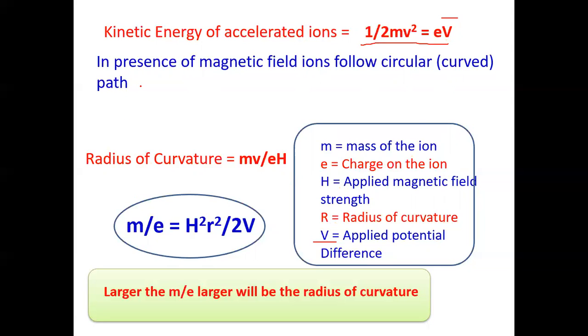Now, in the presence of a magnetic field, as I just told you, the ions follow a circular pathway.